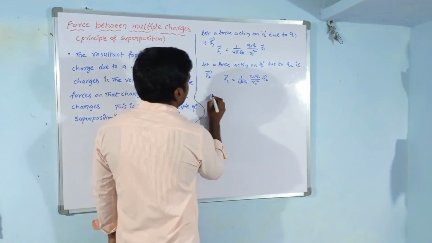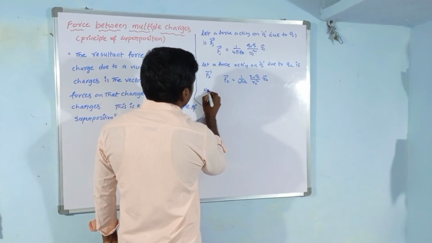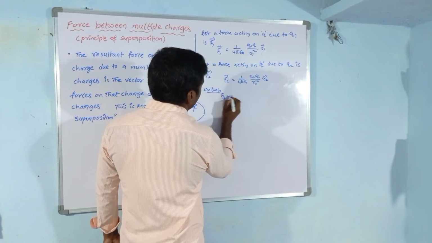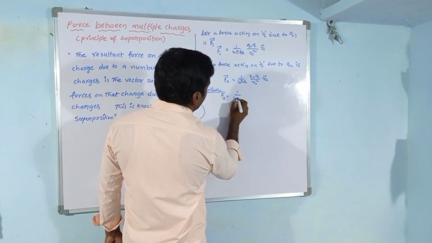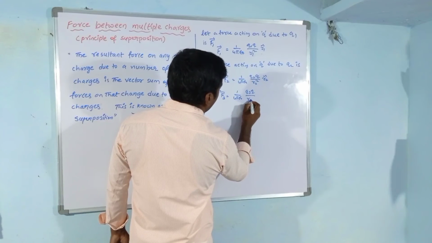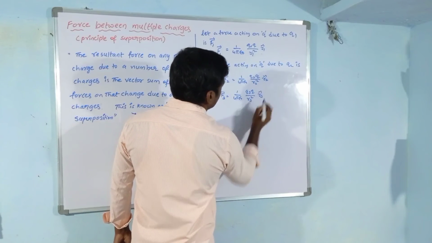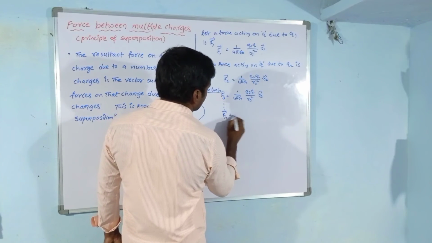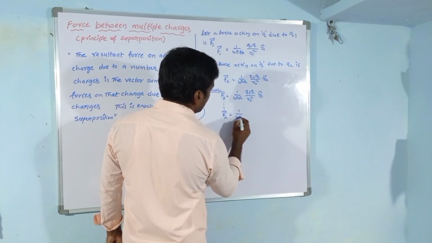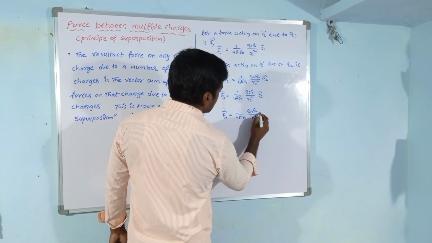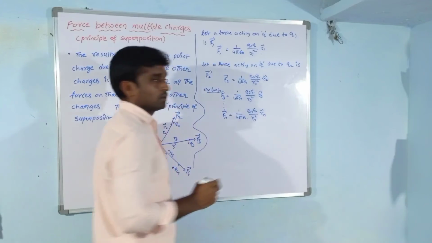Similarly, F3 equals 1 by 4 pi epsilon naught, Q3 into Q by R3 square, into R3 cap. Similarly we can write Fn equals 1 by 4 pi epsilon naught, Qn into Q by Rn square, into Rn cap.